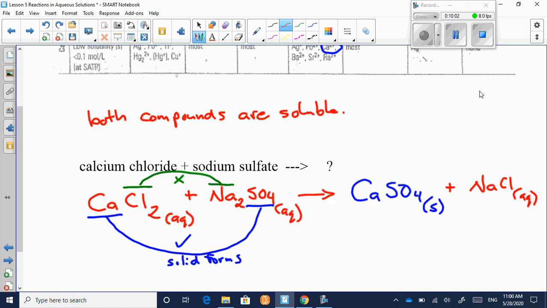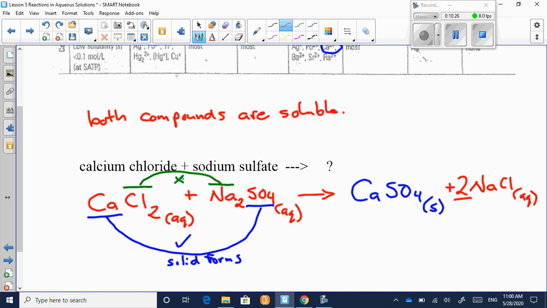Okay, so they're still floating around as ions. So the last thing you would do is then you would balance this, and these ones are usually pretty easy to balance, and sure enough, all I need is a 2 right there, and I'm balanced. So there's my prediction. That's my prediction of a double displacement reaction that's going to take place.